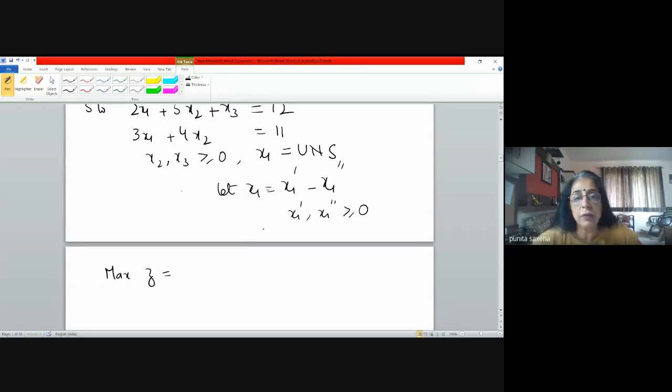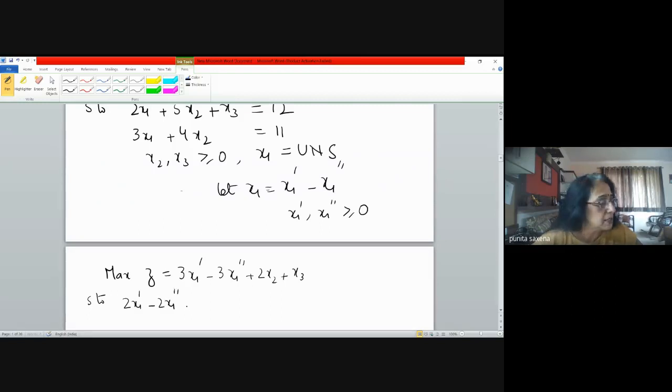Now it becomes 3 into x1 dash minus x1 double dash, which I write as 3x1 dash minus 3x1 double dash. Now what was the second entry? Plus 2x2 plus x3. They remain unchanged. Subject to, again the first constraint had 2x1, so it will become 2x1 dash minus 2x1 double dash plus 5x2 then plus x3.